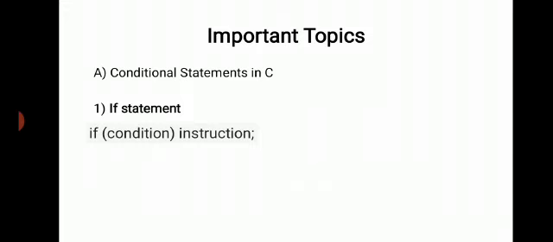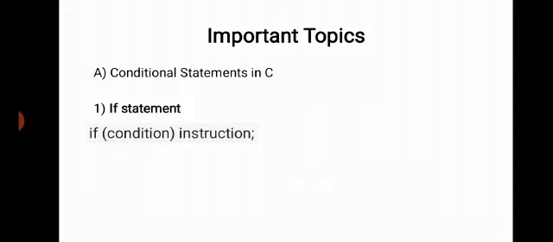The instructions can be a single instruction, or a code block enclosed by braces. But the only thing we need to keep in mind is that the condition should be evaluated first. If it comes true, then the instructions are executed. We have done numerous programs of the if statement.